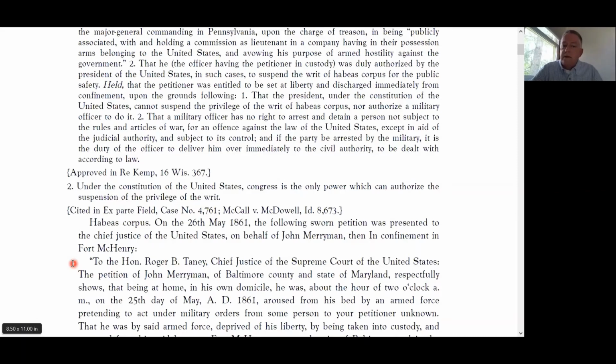Now, there's one other thing about this case that's sort of interesting. When Congress set up the federal court system in 1789, Congress created federal district courts, which are the trial courts in the system, and there would be at least one federal trial court in every state. Congress then grouped states into geographical regions called circuits.